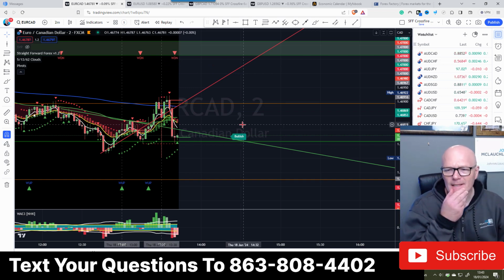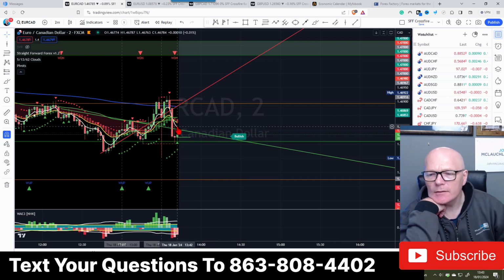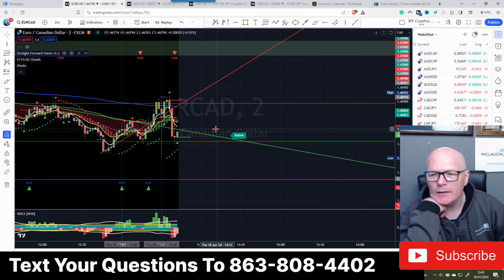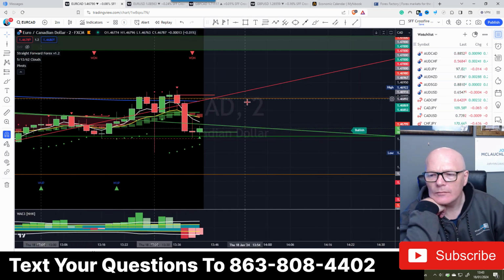Moving averages, we have the white, the 5, the 13, it looks like we've just got the crossover there. So we've got the 5, which is moving down, pointing down, the 13, which is pointing down, the 62, which is kind of pointing down, and the 200, which is doing the same.